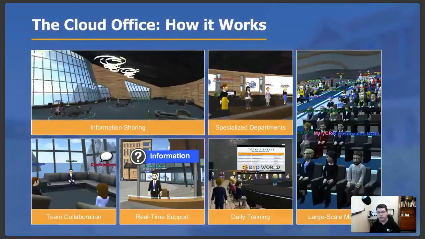Yes, there is a bunch of stuff online. Of course, there's a bunch of stuff online, but a lot of people have a bunch of stuff online. So here's one of the key differences that I've found to be most beneficial at eXp. The interactive aspect of the cloud office environment is the key to its success.